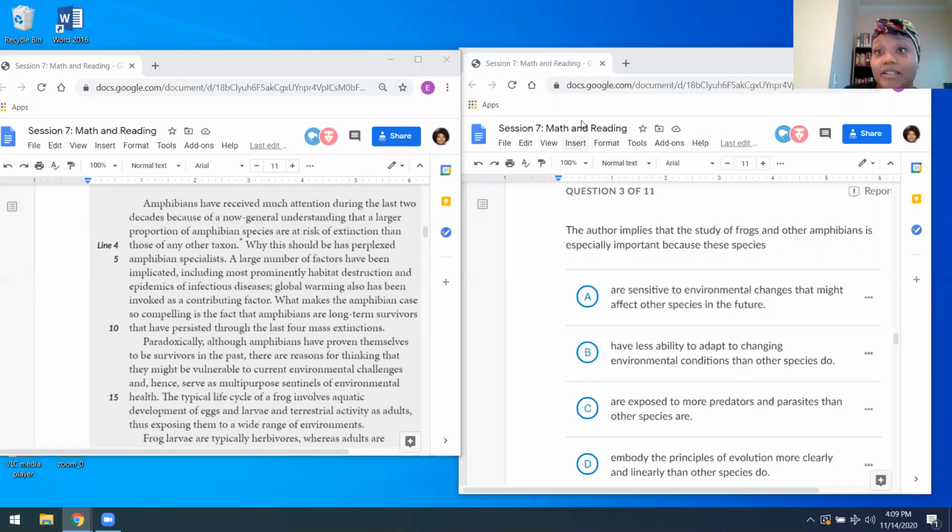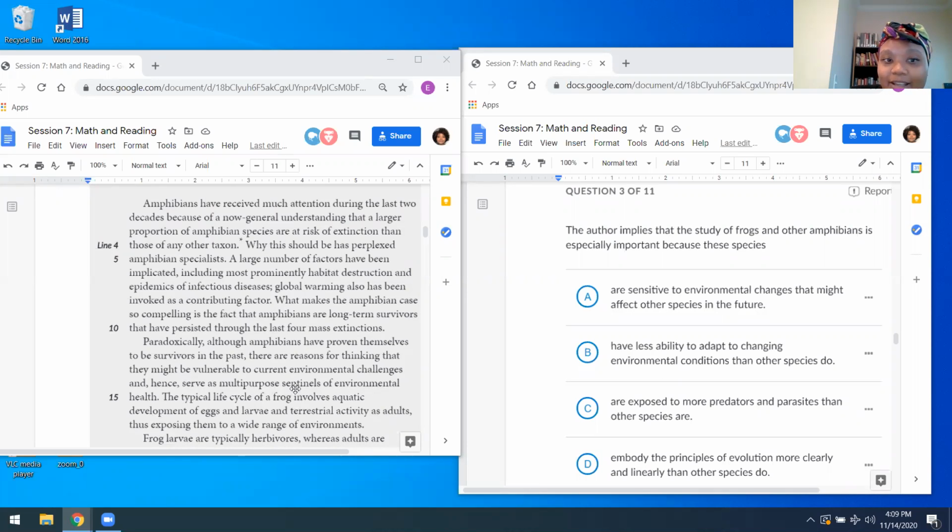Yes, exactly. So line 11: paradoxically, although amphibians have proven themselves to be survivors in the past, there are reasons for thinking that they might be vulnerable to current environmental challenges and hence serve as multi-purpose sentinels of environmental health. That's kind of a complex sentence. It's unnecessarily complex, but if you can glean the meaning, it's saying that the amphibians serve as a lookout for environmental health.